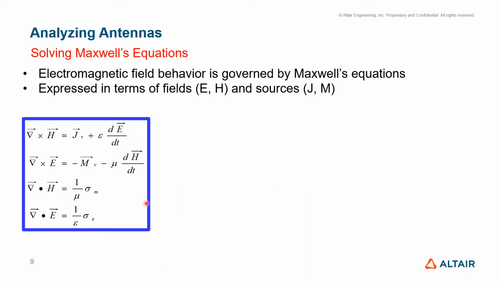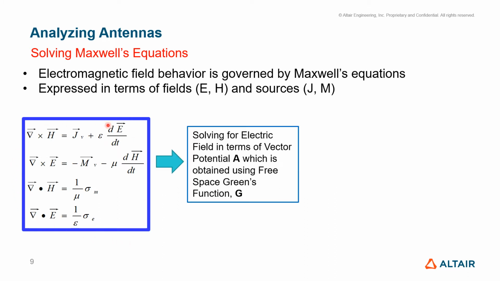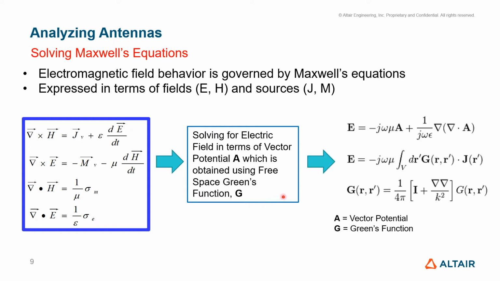So you have the four equations that we have already seen before, and then you solve them in terms of vector potential A, and this can be obtained using the free space Green's function G. And using these two things, one can write electric field in terms of vector potential A and also the Green's function G, that is, vector potential can be re-expressed in terms of the Green's function and the electric current that is available in that problem.